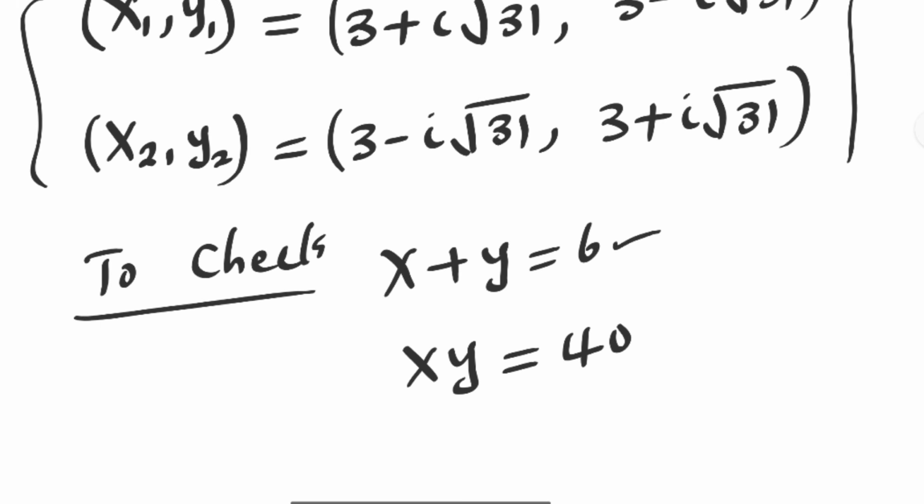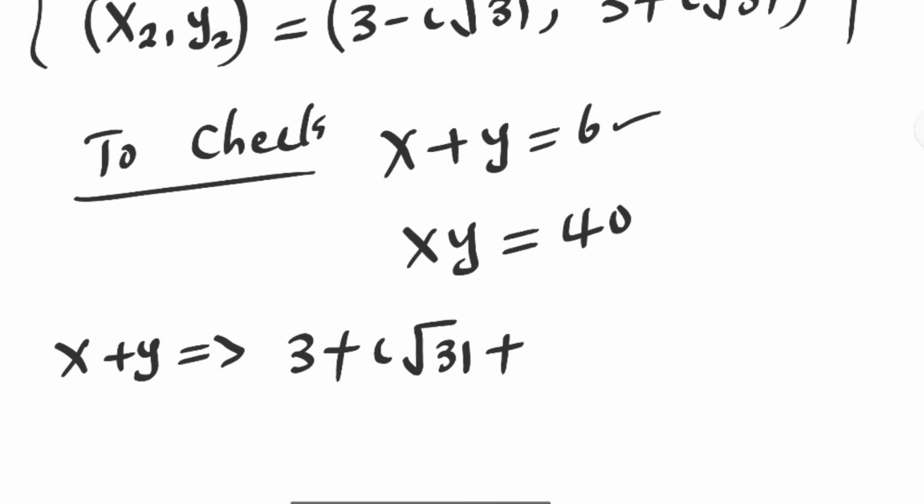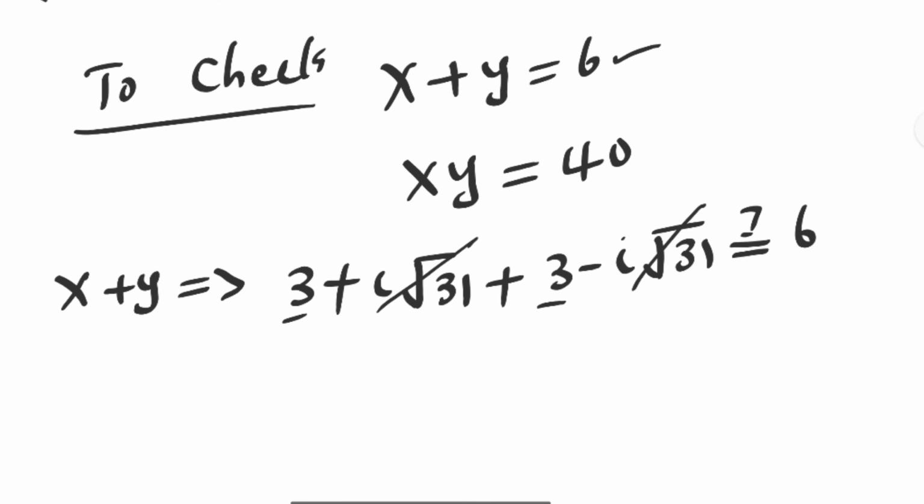Let us consider this. x plus y can be written as 3 plus i root 31 plus 3 minus i root 31 must be equal to 6. This cancels this. 3 plus 3, this is 6, is equal to 6, which is true.